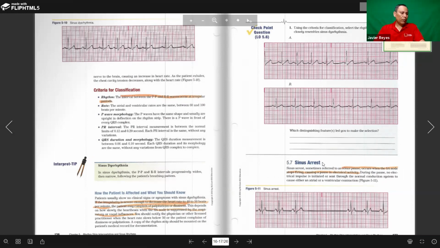It occurs when the SA node stops firing. Why would the SA node ever stop firing? That could be a serious problem. During the pause, there's no electrical impulse. You see how this line here? Can you all see this big old space, the big gap? Yes. There's no electrical activity at all.